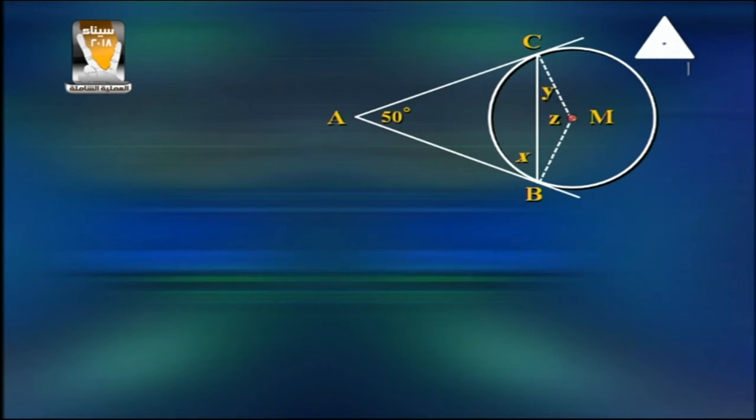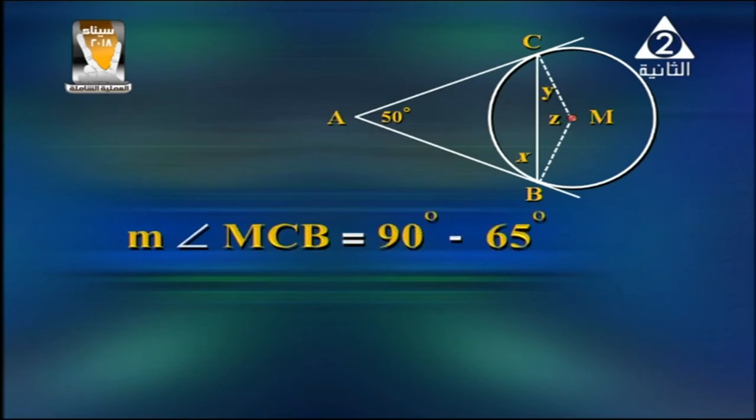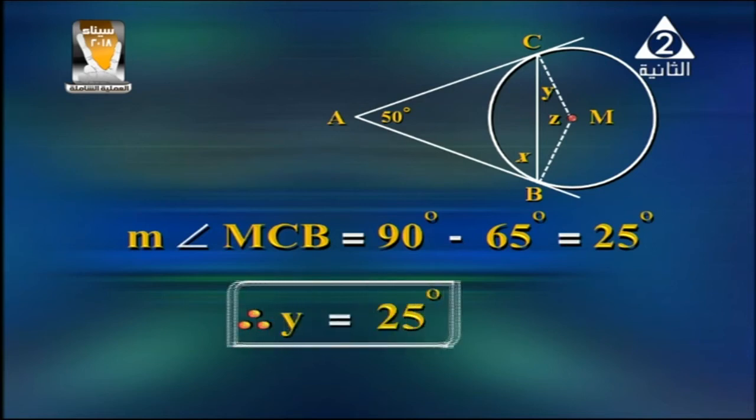How? Measure angle MCB equals 90 degrees minus 65 degrees to obtain a result as 25 degrees. Measure angle MCB, which is Y.